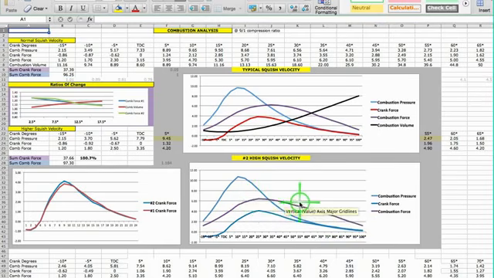Okay, but let's imagine this combustion force graph shifted over here to the right because it's got too much squish volume, which delays the burning of the mixture, which shifts this whole process to the right, which also gives more power late to the crank. But if that happens and then it's just cut off by the port opening, that's a mismatch.